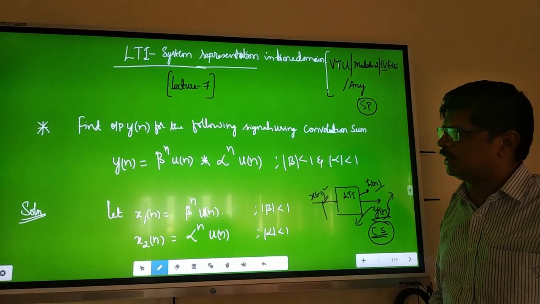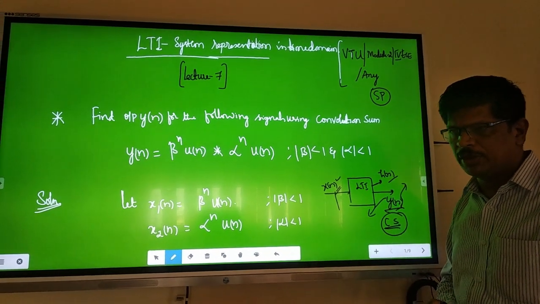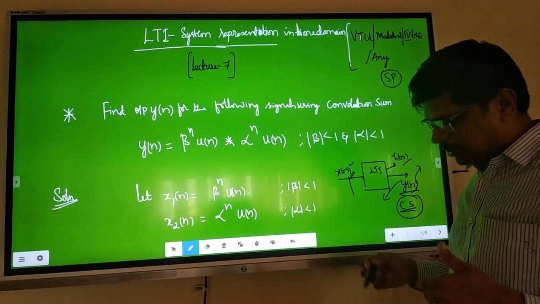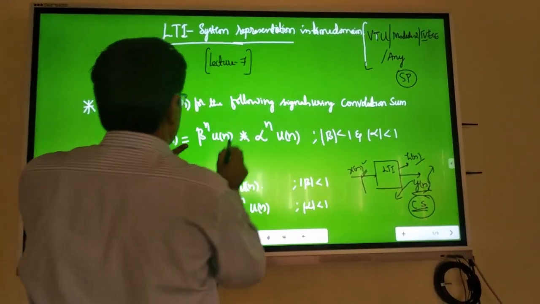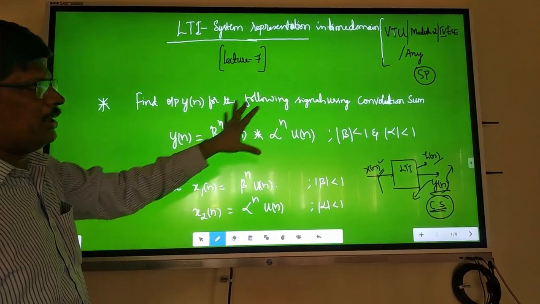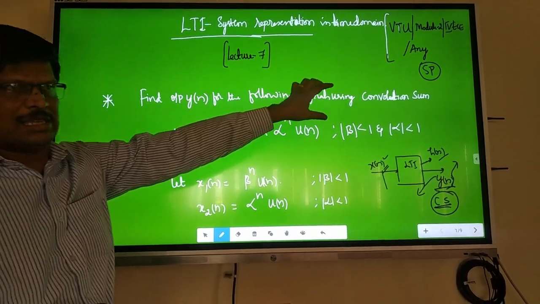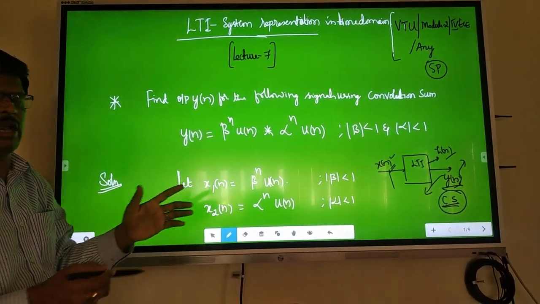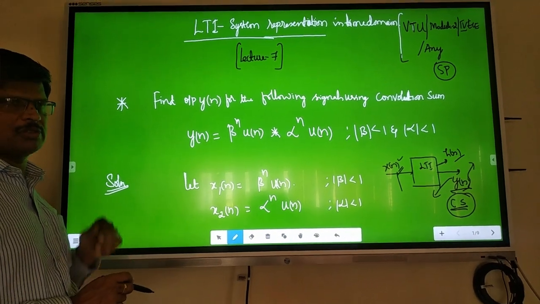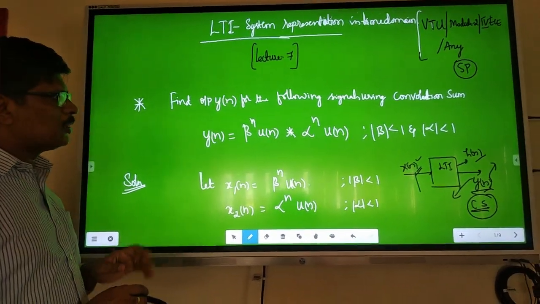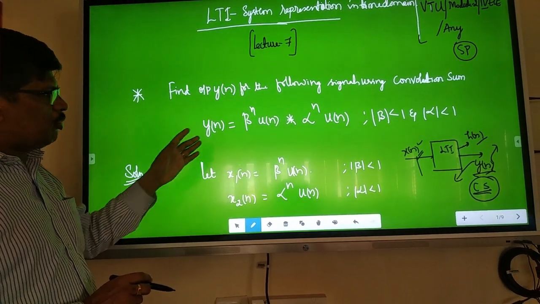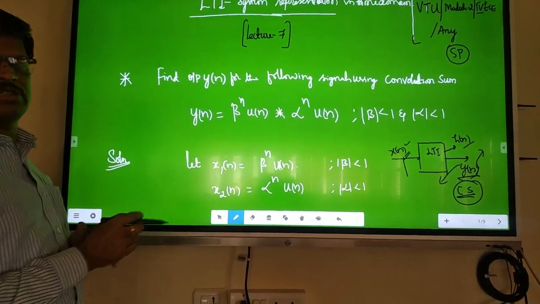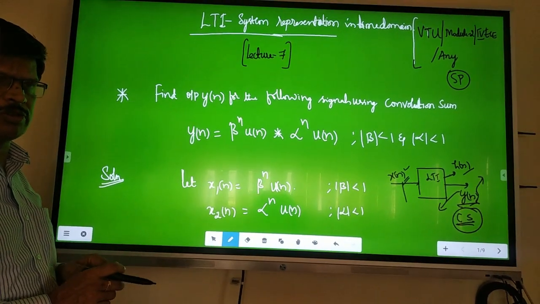Then we dealt with 4, 5, 6 properties, and we dealt with the problems also. In the previous sessions' problems, we took one complex exponential x of n and h of n as simple step functions. Today we will see that in real time you will not have only step and impulse functions.